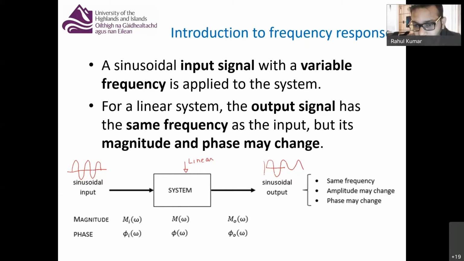Although, since we are passing the input through the system, the output will be different from the input.